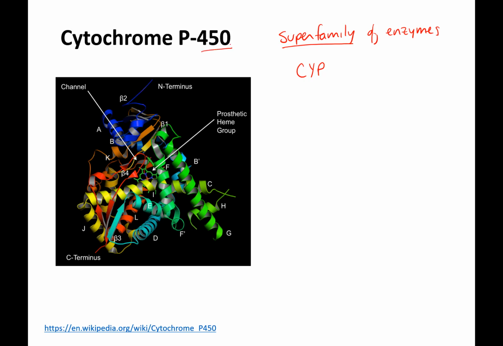The 450 stands for the maximum absorbance wavelength for this enzyme. Not something you need to know, but if you're curious as to how it was named. What's amazing, I think, is CYP proteins are found in all kingdoms of life.